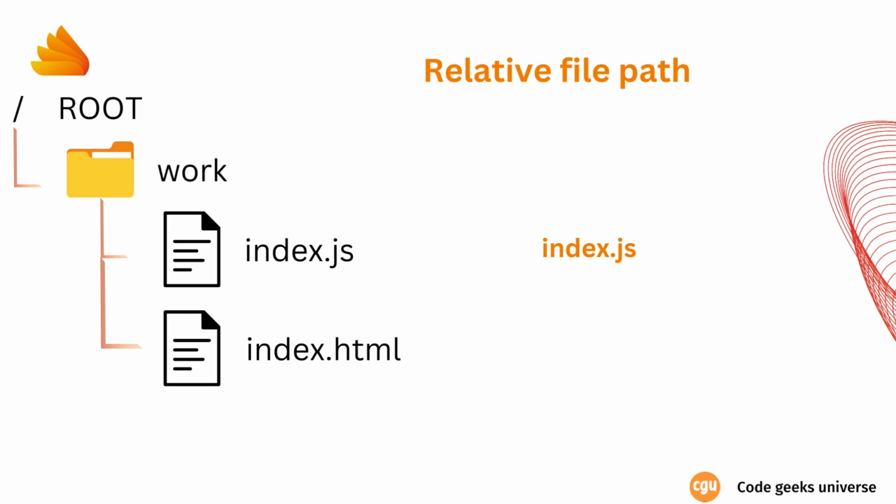Now a relative file path is a handy way to specify the location of a file based on its relationship to the current page. By using this approach, you can easily reference files without having to provide the complete directory structure, making it more convenient and efficient for web development tasks. Using relative file paths is highly recommended for better website management.